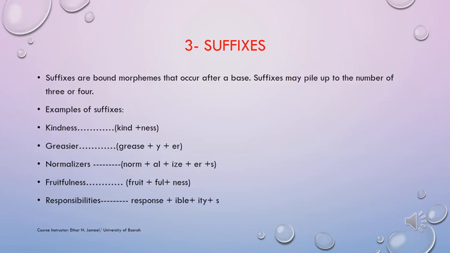Then we add these affixes to response. That is why it carries the principal meaning of the word, and it is a free base. Ible, ity, and s are affixes. They carry secondary meaning. They do not carry the principal meaning of the word, so they are affixes. What kind of affixes? They are suffixes because they come after the base.